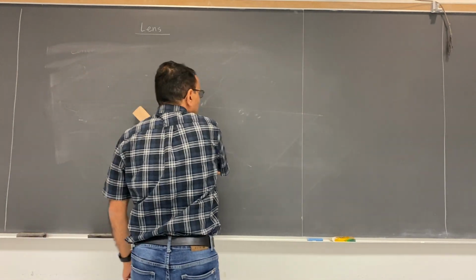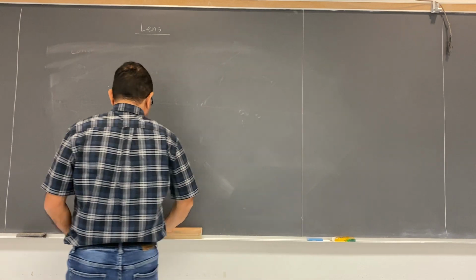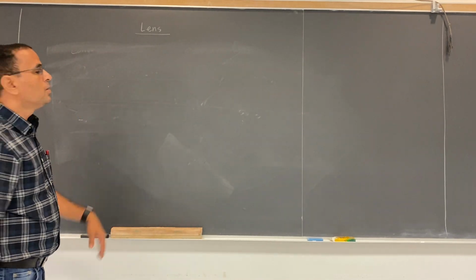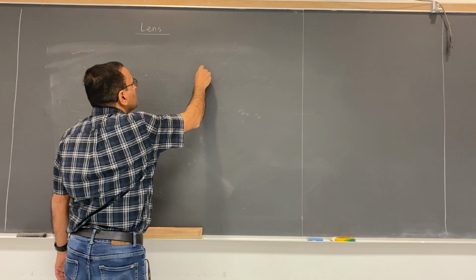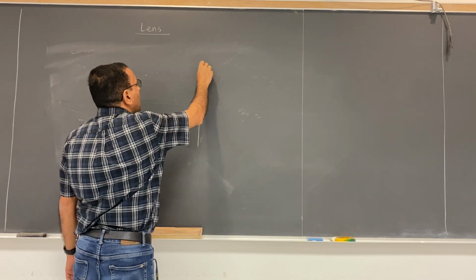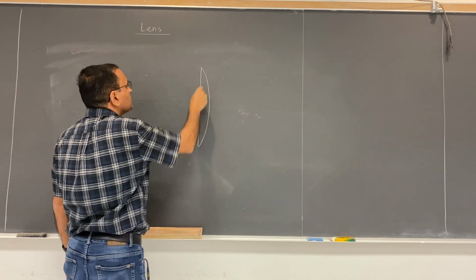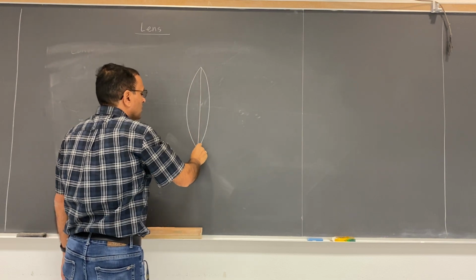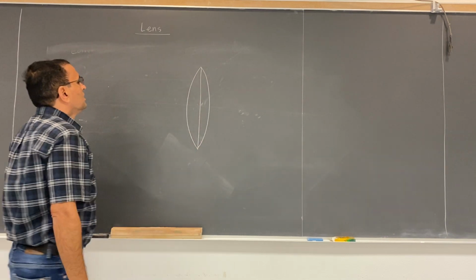Now, look at this. Let me talk a little bit more about the convex lens again. So this is the center line. You can draw it like this.